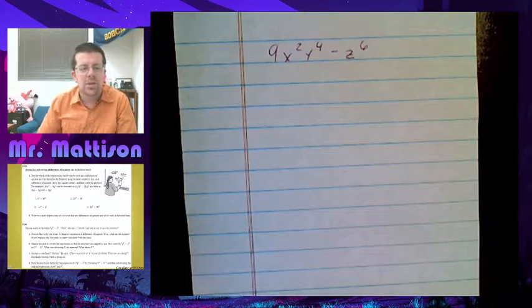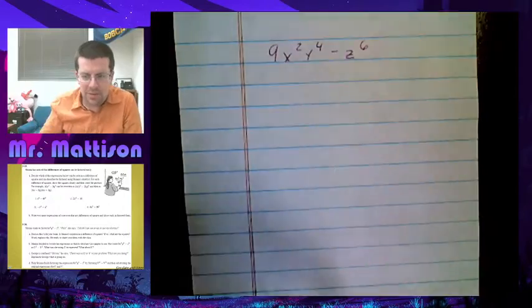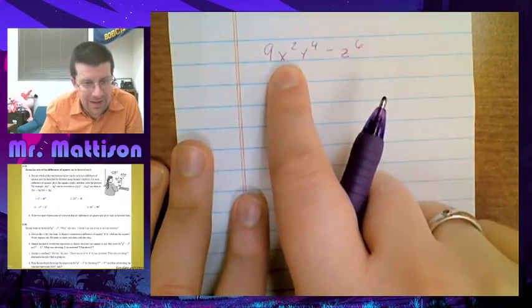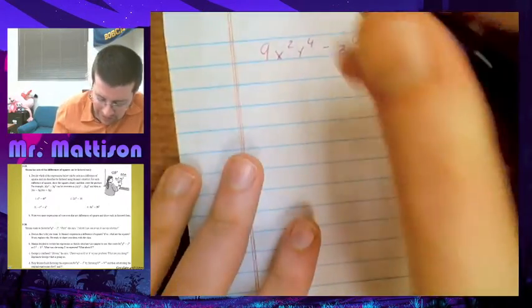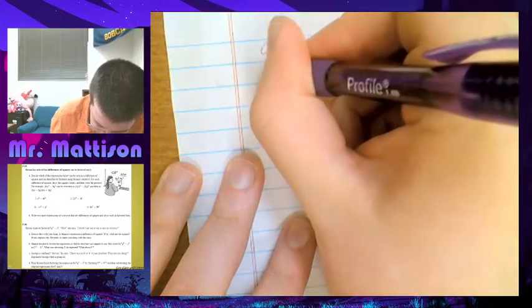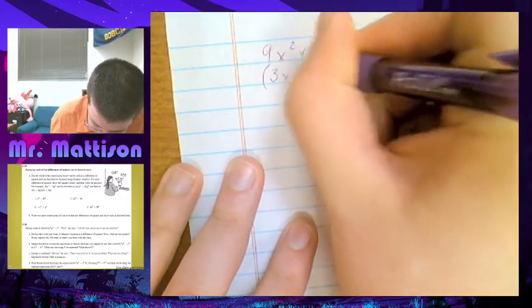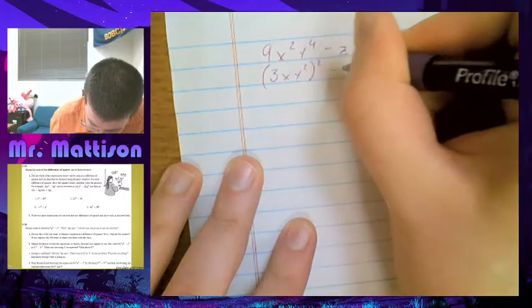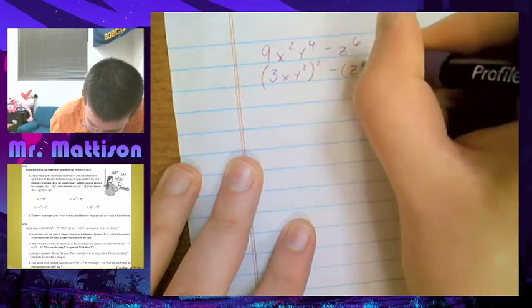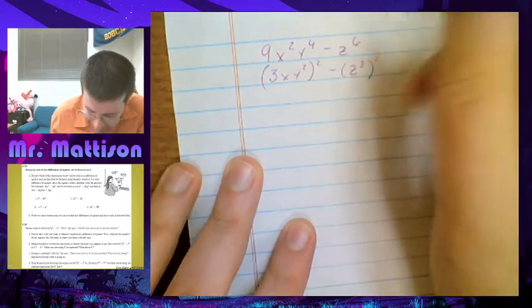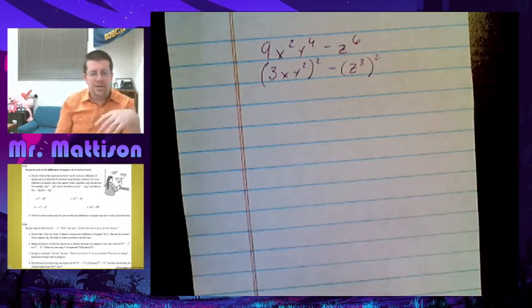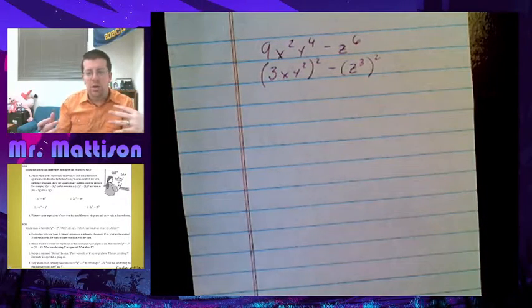Okay, so you can say, well, how can I get this as something squared and this as something squared? And I could say, well, this would be 3xy squared minus z to the 3rd squared, right? And that works, right?